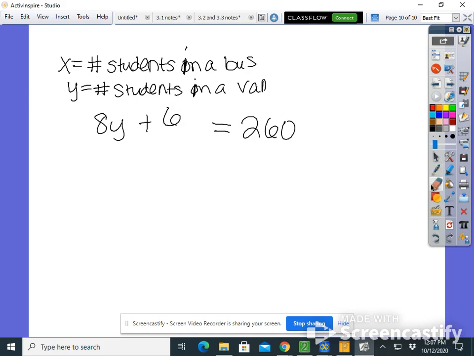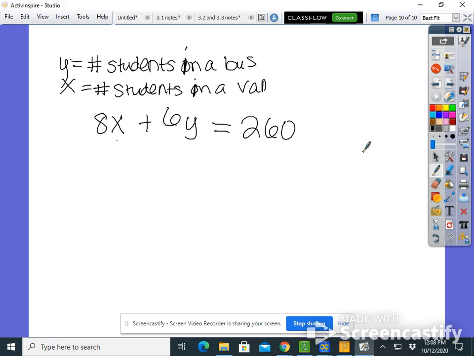Well, this is how I wrote it. We'll erase this and say that this is x and y, we'll flip it. Silly mistakes. So 8x, that makes you guys happy. Plus 6y equals 260.